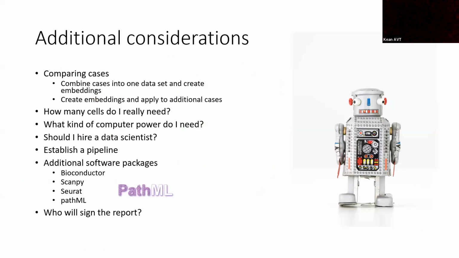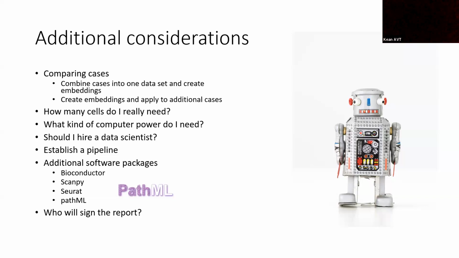What kind of computer power do I need? Again, a lot of this can be done on laptops and so forth. And should I hire a data scientist? If you have a question in your mind about this, probably the answer is yes, unfortunately. But if you want to spend a few months learning, you can do that as well.